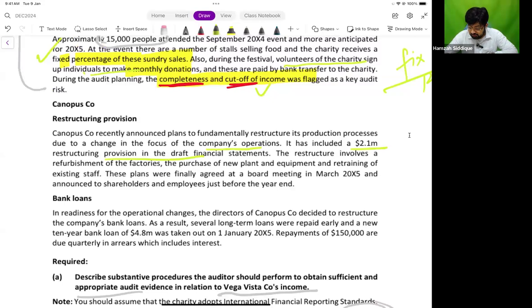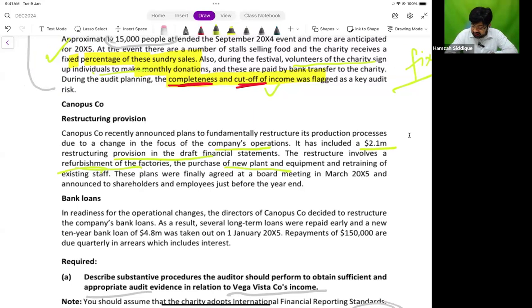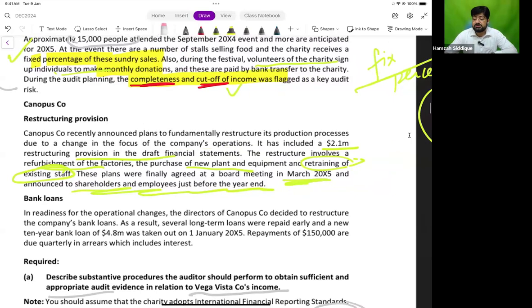The restructuring involves refurbishment of the factory, the purchase of new plant, and retraining of existing staff. This is incorrect. These plans were finally agreed at a board meeting in March 20X5 and announced to shareholders just before year end. I have identified the points on which we need to write procedures.